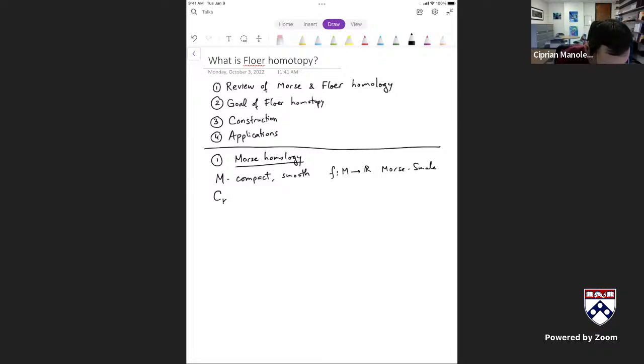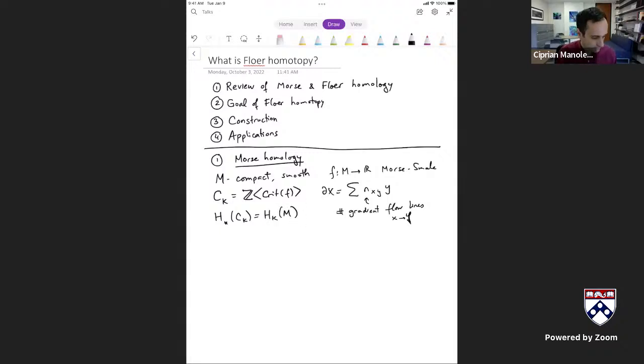Then we make a complex made of chain groups generated by the critical points of F, and the differential is going to count with some signs the number of gradient flow lines from X to Y. And it's well known that the homology of that is the homology of the manifold itself.